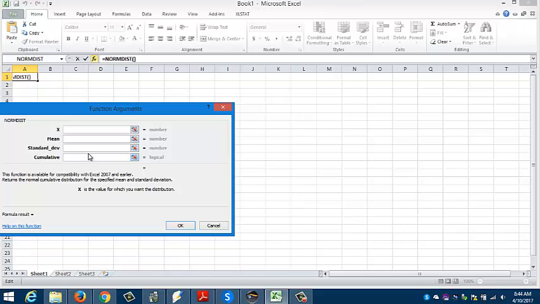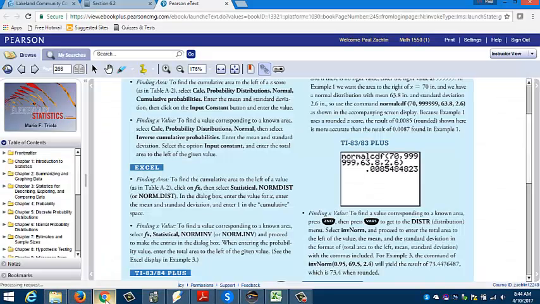By the way, I'm not going to put anything for the x value yet. Well, let me follow the directions. It says, in the dialog box, enter the value for x, enter the mean and standard deviation, and enter 1 in the cumulative space. I see.